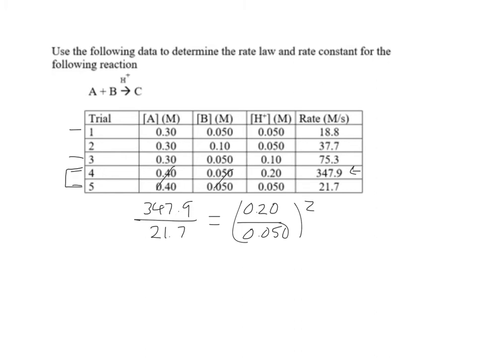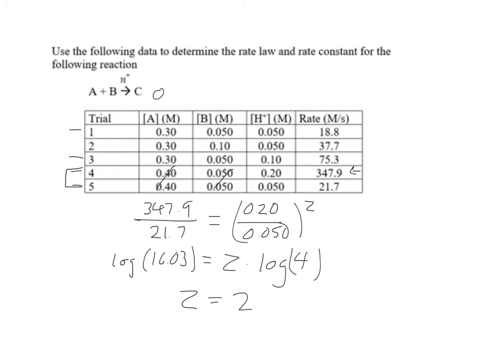So we can take the log of both sides, and we get the log of 16.03 is equal to Z times the log of 4. Solving this, similar to the way that we solved for the order of A, we're going to find that Z is equal to 2.